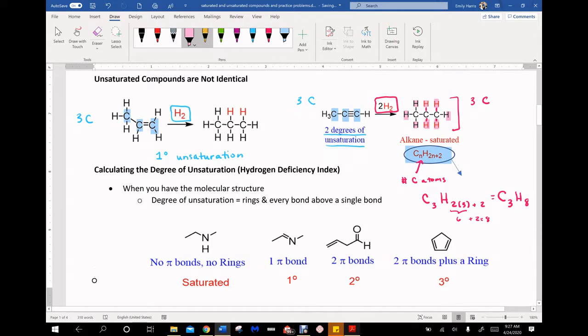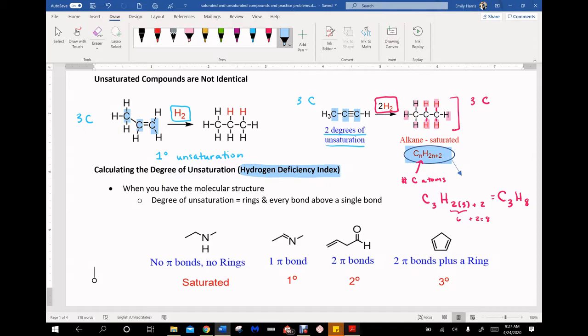So now what we're going to move into is how we calculate this degree of unsaturation, which is also termed the hydrogen deficiency index. The idea is if you're a molecule that's unsaturated, you are lacking or deficient in hydrogen. You could potentially add on more.